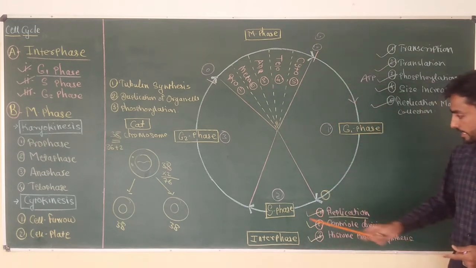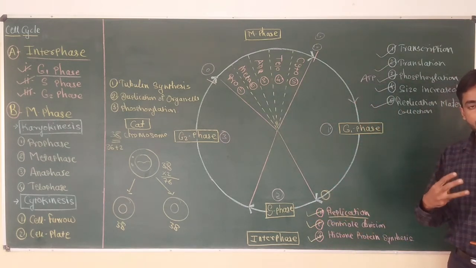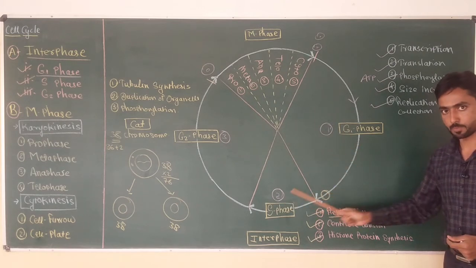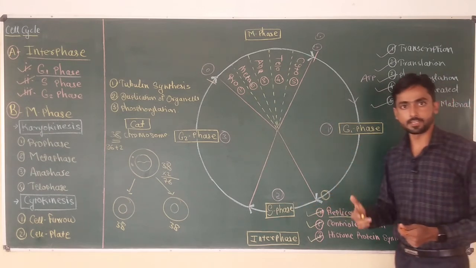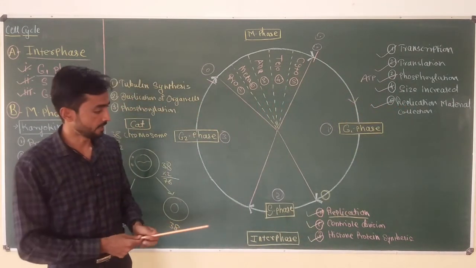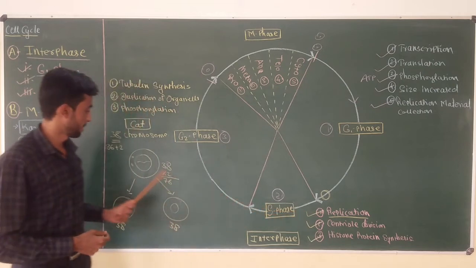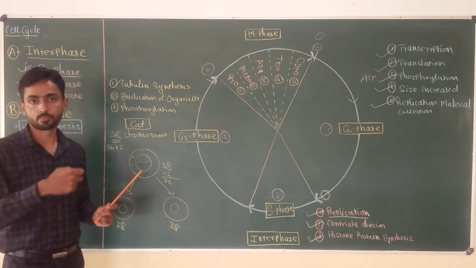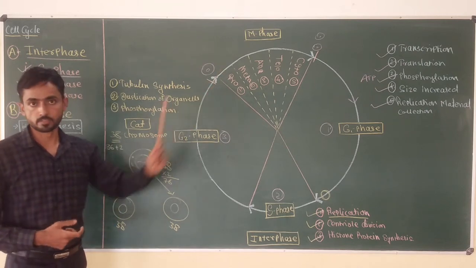So what exactly happens during the S phase? Three important things happen. Once the cell enters from G1 phase to S phase, the DNA of the cell replicates, and the genetic material of the cell doubles. Then centriole division occurs in the animal cell, and these centrioles will produce spindle fibers in the later half of the cell division.